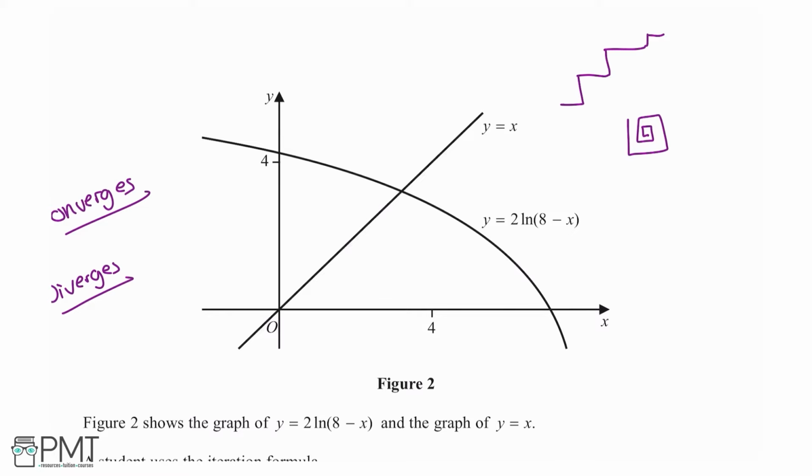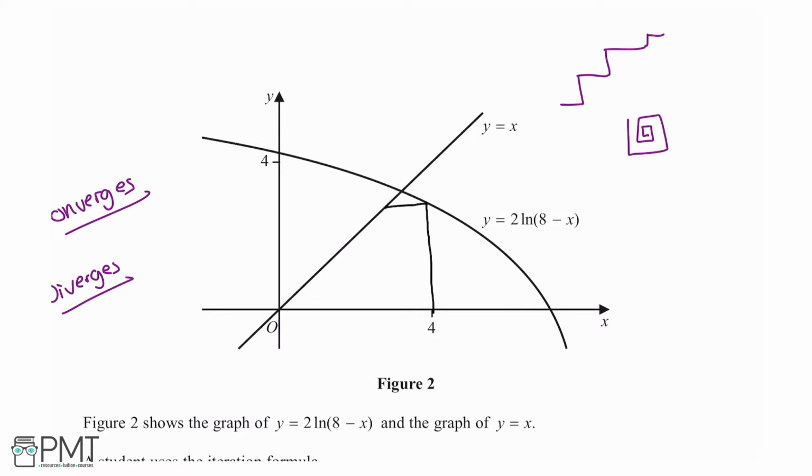So what we can do now is look at what we need to draw. The first thing to do is to draw a vertical line from our x-axis to our curve y equals 2 ln(8 minus x). So let's start by doing that. Okay. The next thing we do is draw a horizontal line from y equals 2 ln(8 minus x) to y equals x.